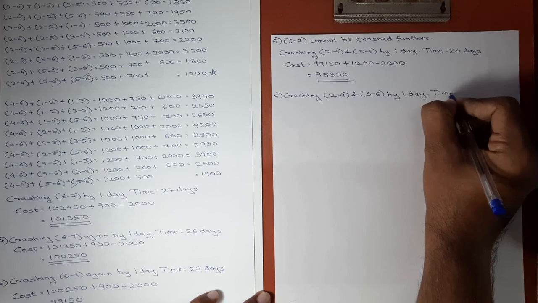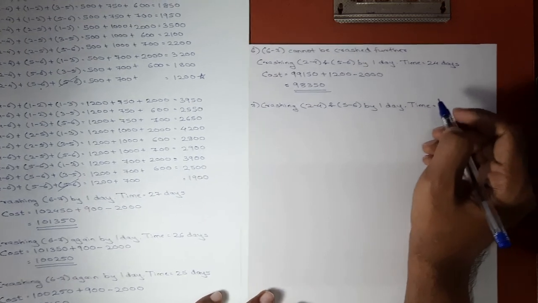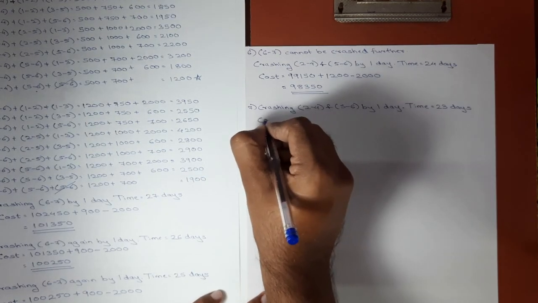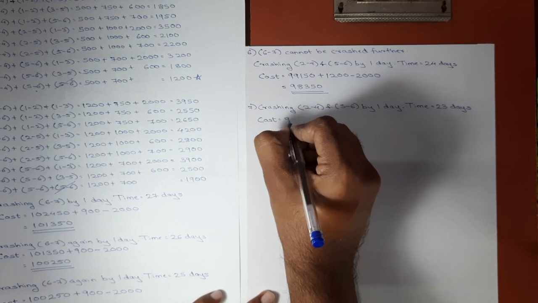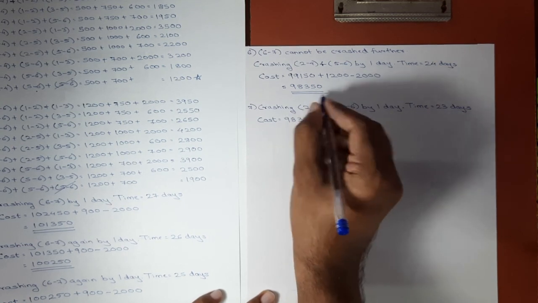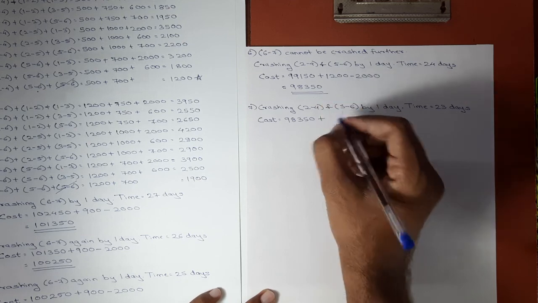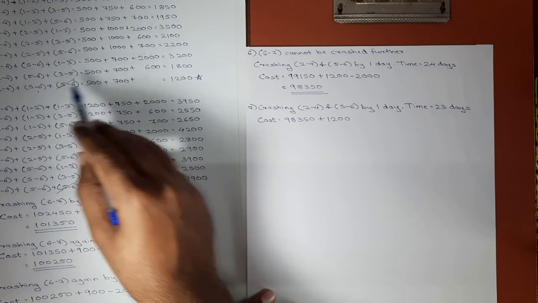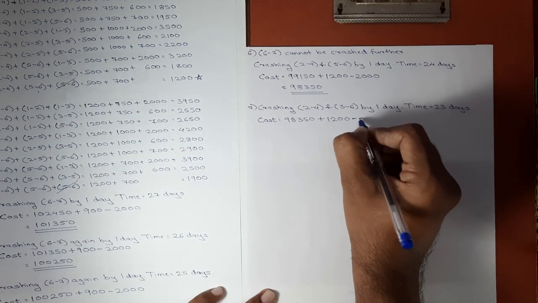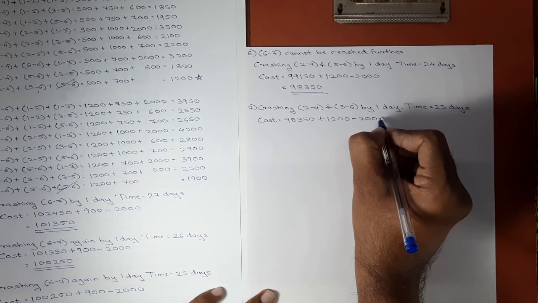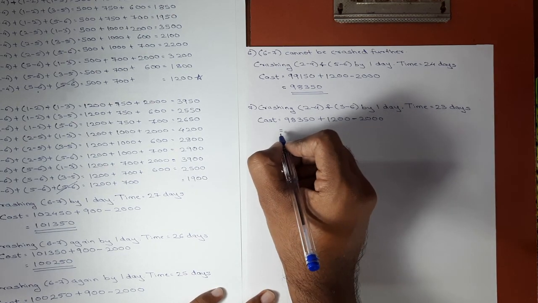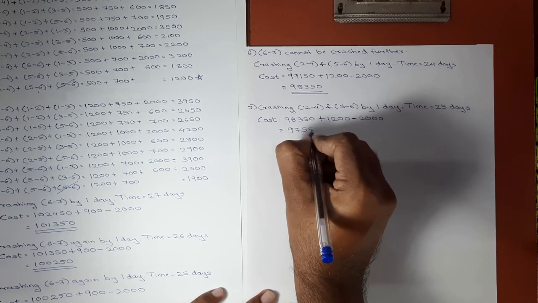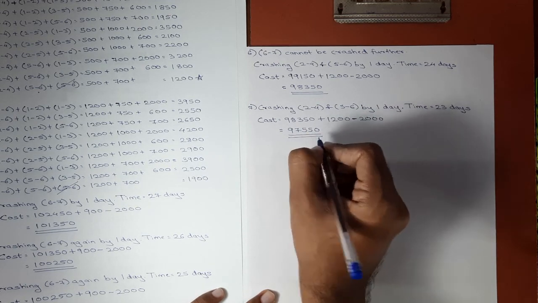Now the time will be reduced by 1 day, so 24 will become 23 days, and the corresponding cost will be 98,350, the total cost which we got in the last step, plus the combined cost slope of 2 4 and 5 6, which is 1200, minus the indirect cost of 1 day, which is 2000. Here we get the answer as 97,550. Again the cost is reduced.